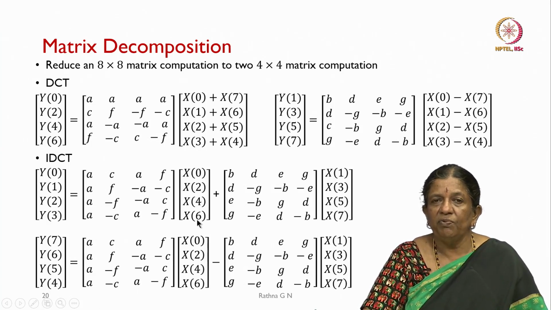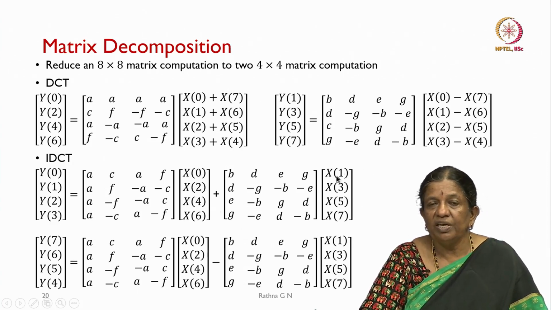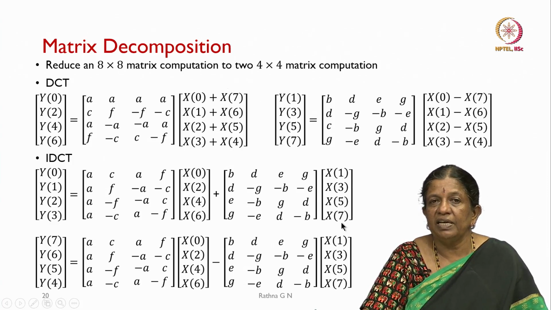Anyway, what you will be considering here is the same as our FFT. So, here it will be x1, x3, x5 and then x7 that we will be using, and then when you multiply with these BDEG coefficients and add them up, you will be getting y0 to y3.